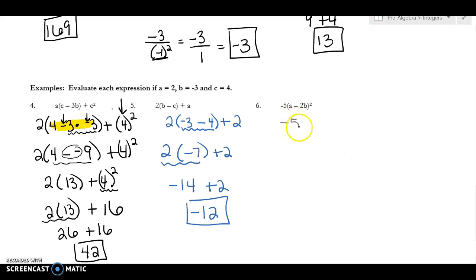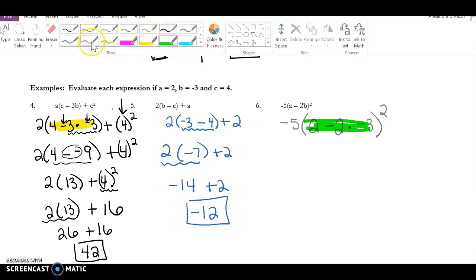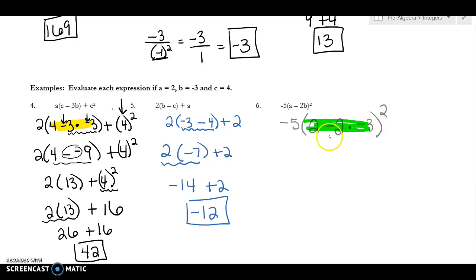Okay, so I have -5. A is 2 minus 2 times B, which is -3, squared. So I still have parentheses. I have all this right here. But I'm going to start inside. And my inside, is it going to be the minus or the times? Yeah, that's right. I'm going to be the multiplying. So it's going to be -5, 2.